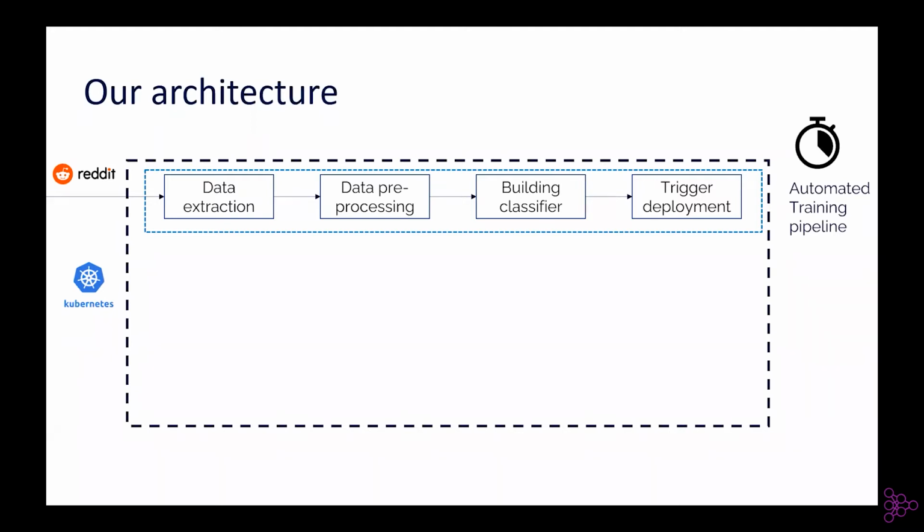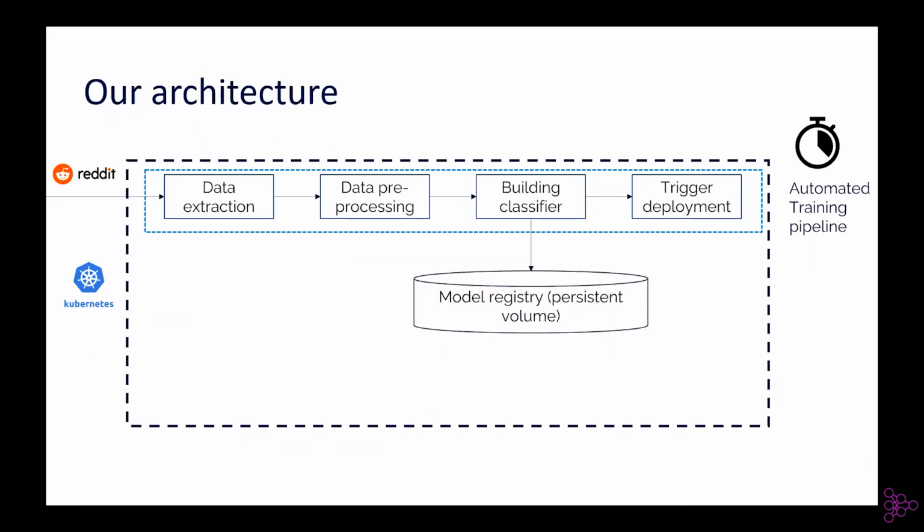So if the performance of the production model drifts and goes under a certain threshold, it can re-trigger the pipeline. Obviously, our model will be stored in a model registry. It could be a persistent volume on Kubernetes, or an S3 bucket, because here we're working on AWS, by the way, but I'm cloud agnostic. So this workshop can be run on any cloud provider you want, even locally.